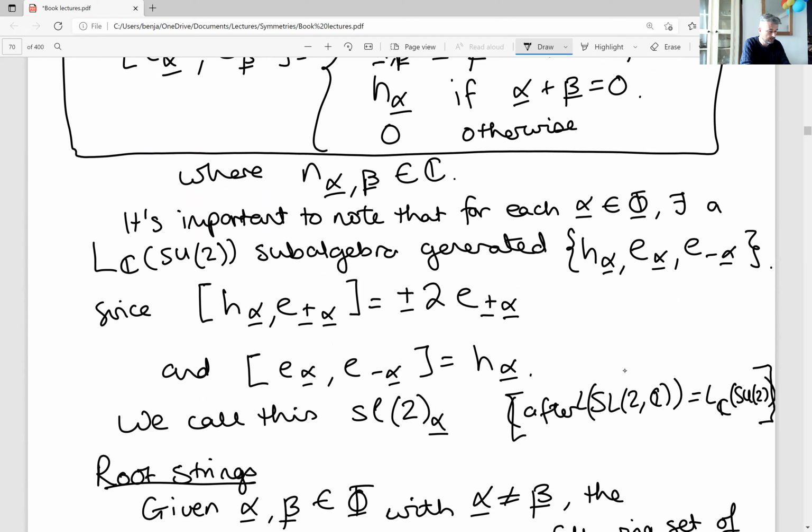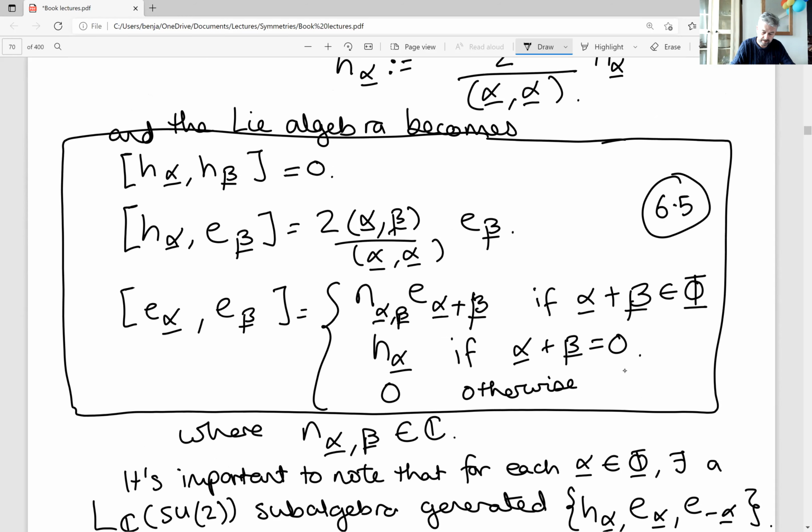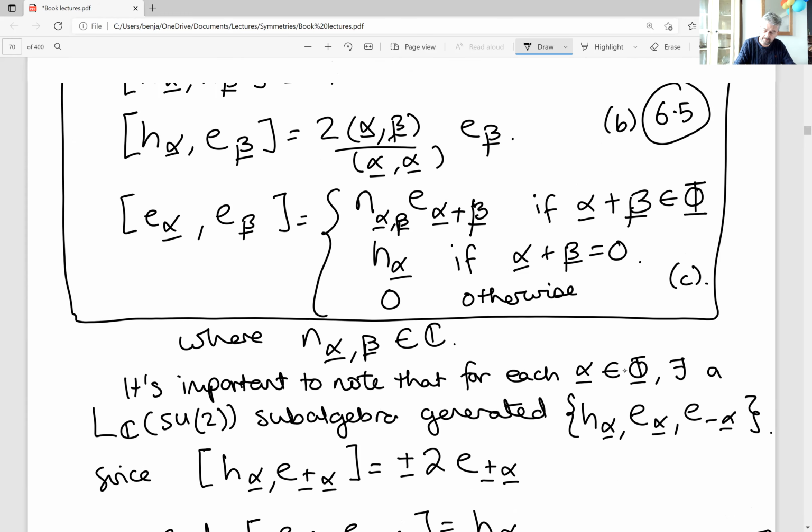Okay, I missed it. 6.5b is the second one here. So we've got 6.5a, b, and c, I guess. So 6.5b is this one between H alpha and E beta.